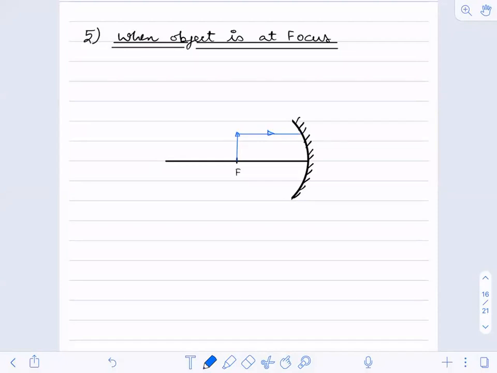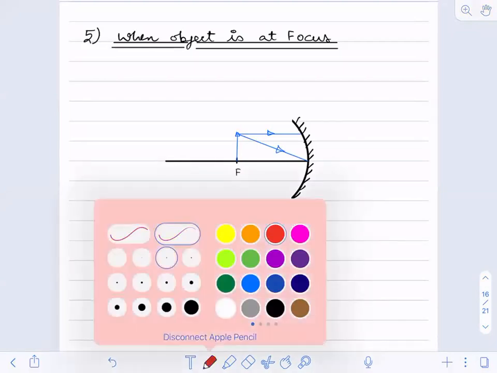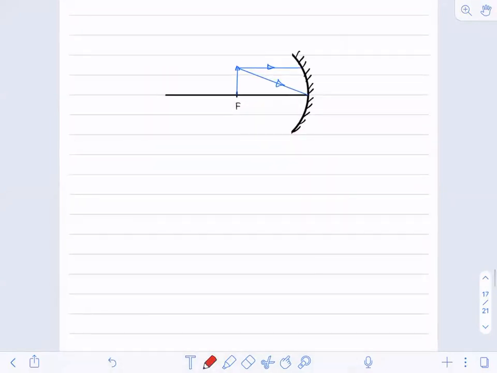After reflection, where will this parallel ray go? From focus, very good. It passes through focus, like this. And this other line will pass like this.